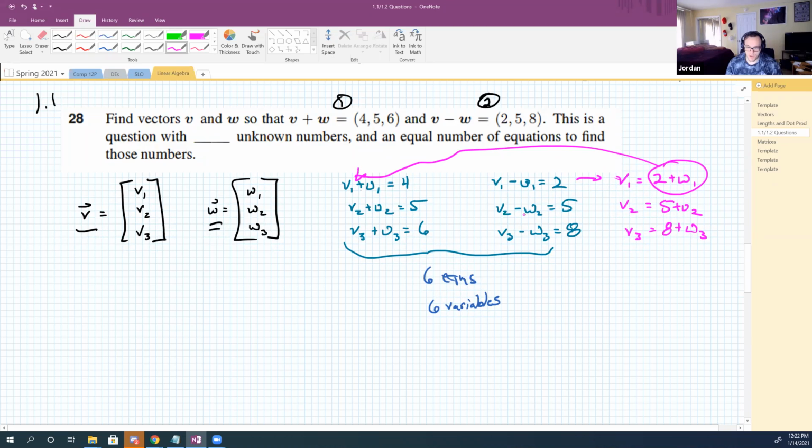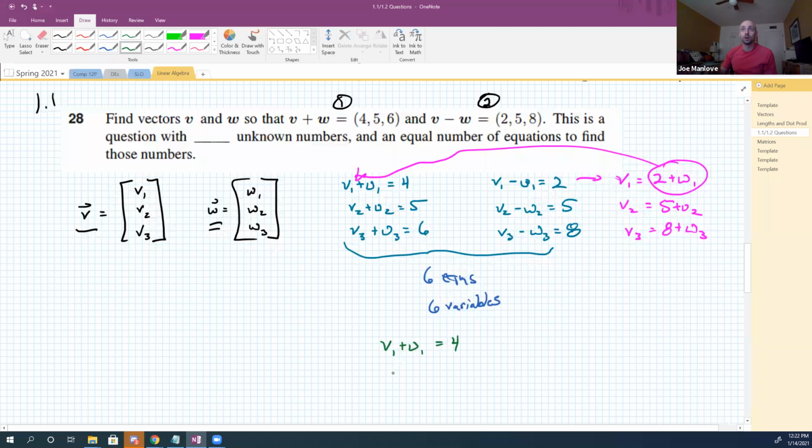And then couldn't we also do, I think it's called elimination? We could also do elimination where we looked at these 2 equations. So that's another perspective where we look at the equation v1 plus w1 equals 4, and the sister equation to it, v1 minus w1 is 2. Then we could add these two equations together and see that the w's would cancel, and get 2v1 is 6.